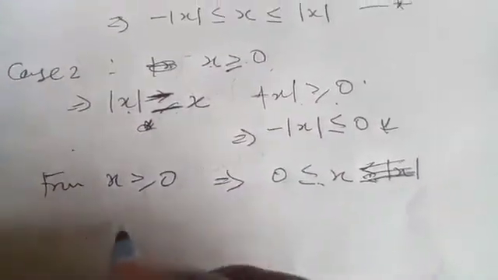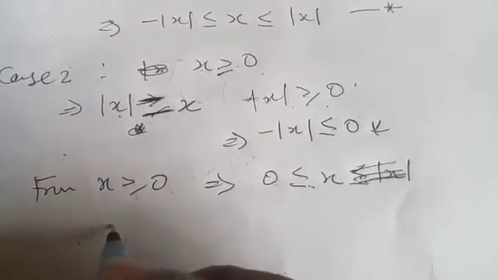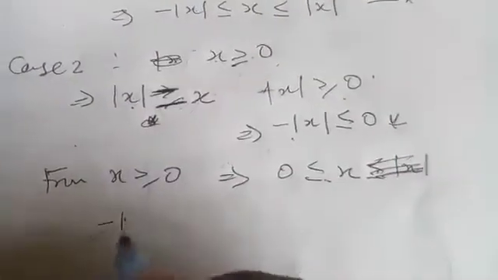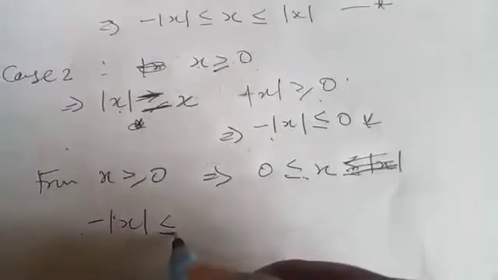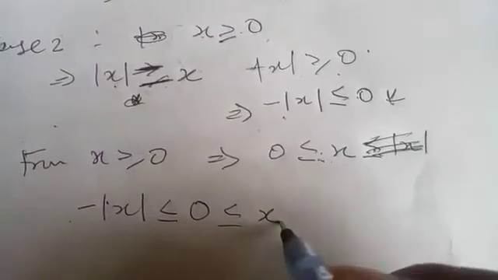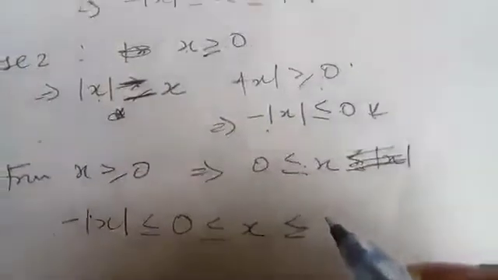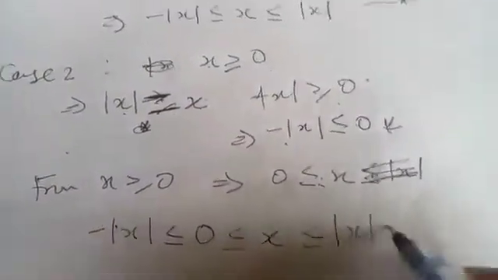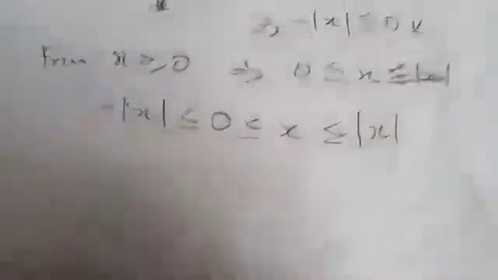So from this place, I will say that minus absolute value of s is less than or equal to 0. 0 here is less than or equal to x. Here s is equal to this, which means it's less than or equal to absolute value of x.